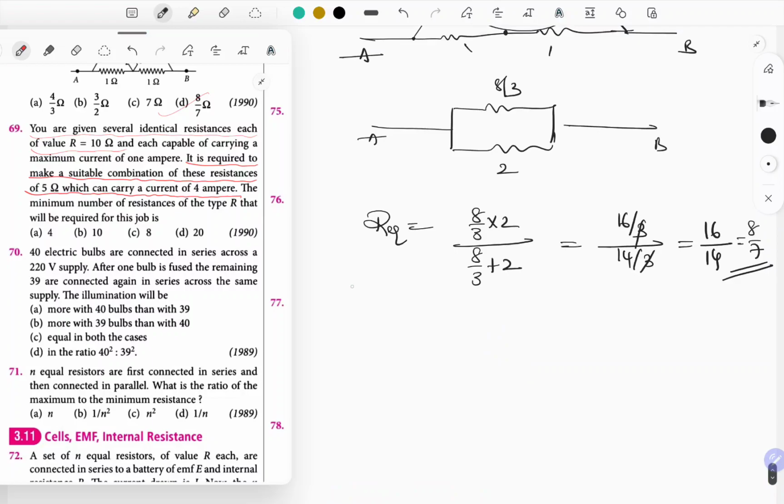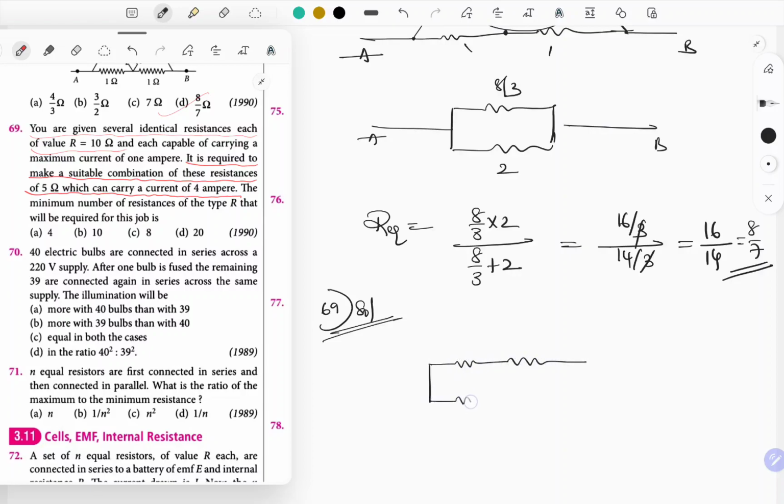So I have to design a circuit. Each resistance is of 10 ohms and I have to get a resultant of 5 ohm and 4 amperes of current. Let's begin. It comes with only by thinking.